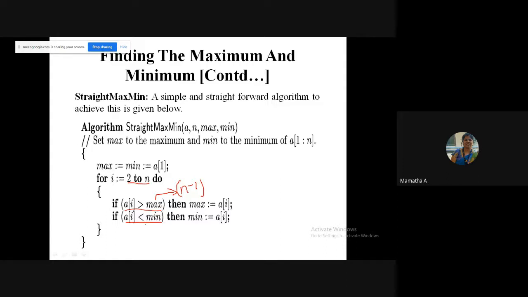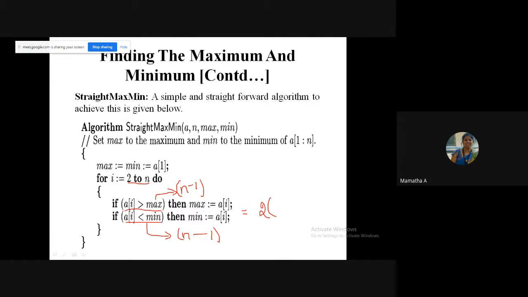And you can also observe that this will execute how many times again? Both n minus 1 times. Now, what is the time complexity of this algorithm, students? This is n minus 1 times, this is also n minus 1.